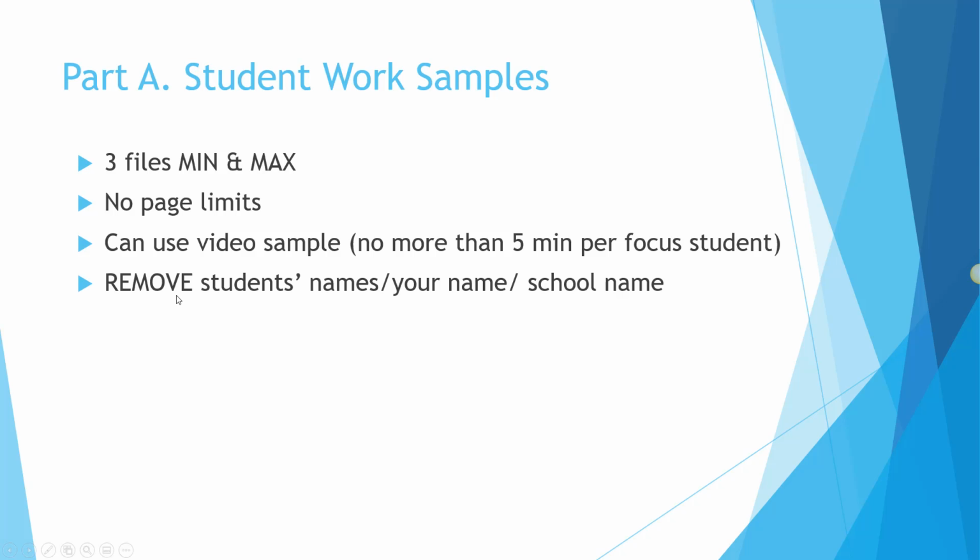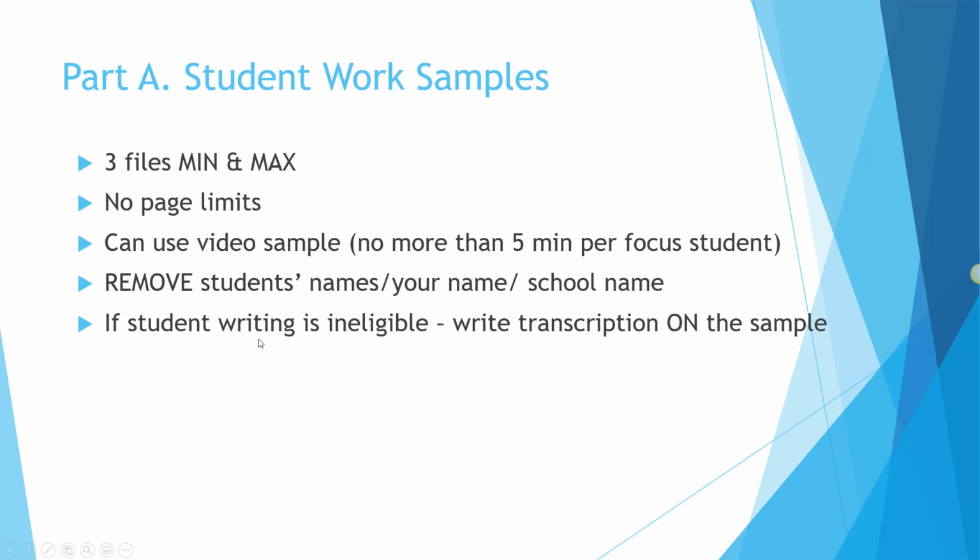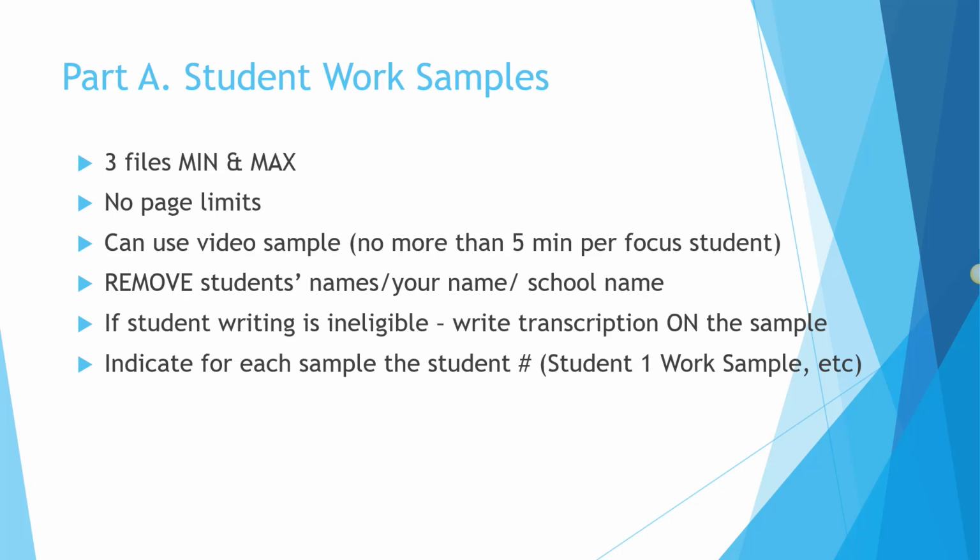Just make sure if you do upload files, you remove students' names with either a Sharpie or whiteout. Make sure your name's not anywhere on the materials or the school's name. If a student's writing is illegible in one of these samples, you need to type out a transcription and put that on the sample so that the reviewer can read what the student was writing.